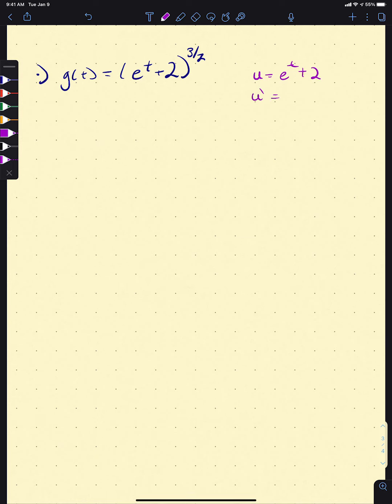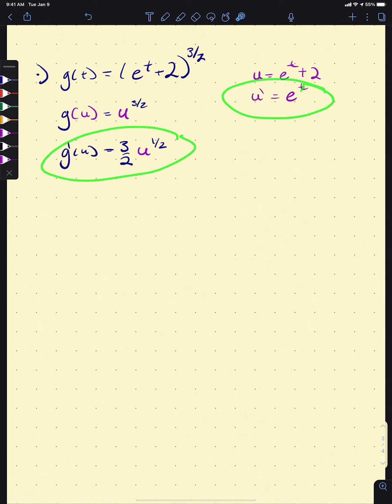But that means that g of u is just u to the 3/2. So then g prime of u is going to be 3/2 times u to the 3/2 minus 1, or 1/2. And then we know to find g prime of t, I need to multiply these two together.